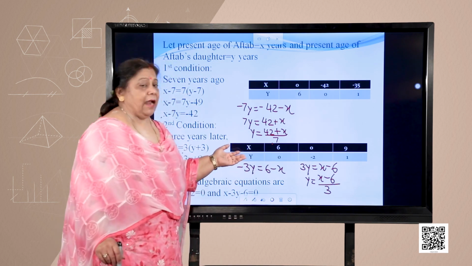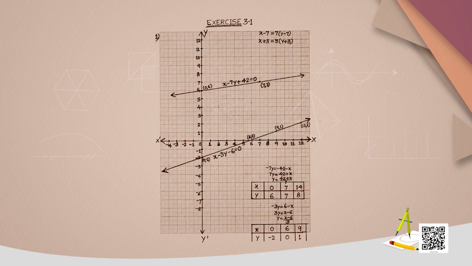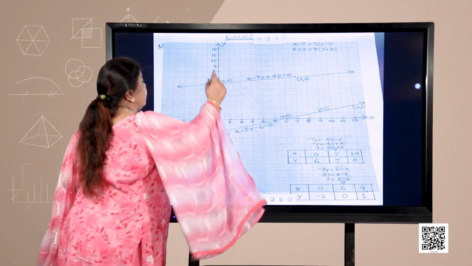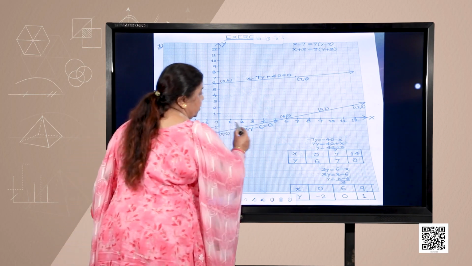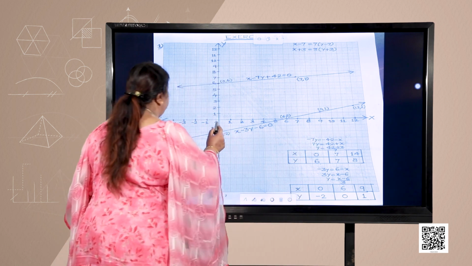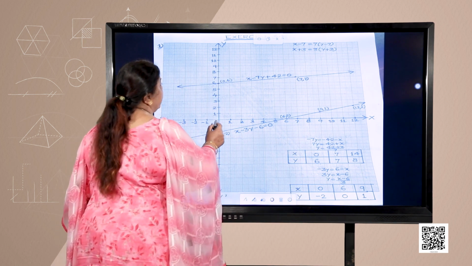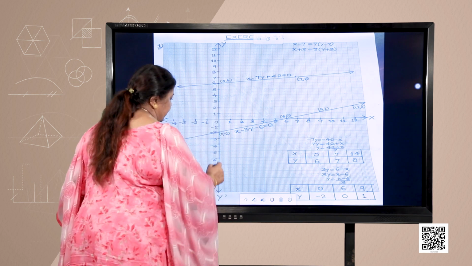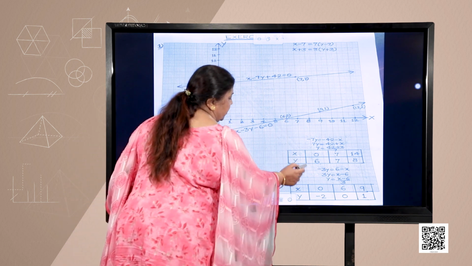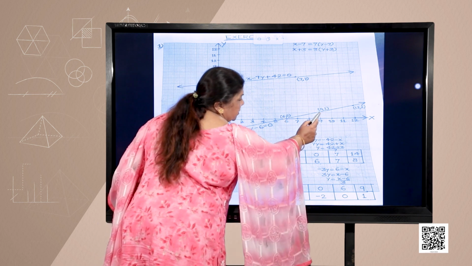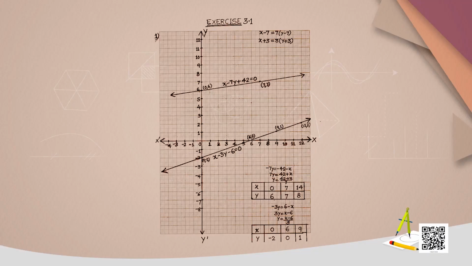Now let us see the graph, how it looks like. This is our x-axis, x dash o x, and this is our y-axis, y o y dash. We have the points here 0 to 12, and here negative integers, here we have positive, and these are again negative. Now I have plotted the points 6, 0, here it is 9, 1 and 12, 2.